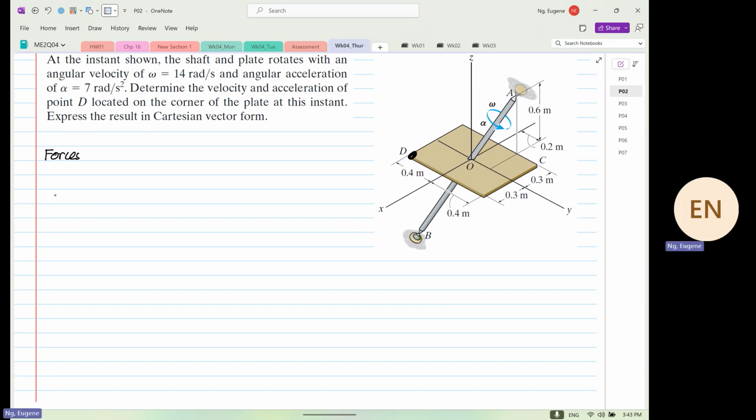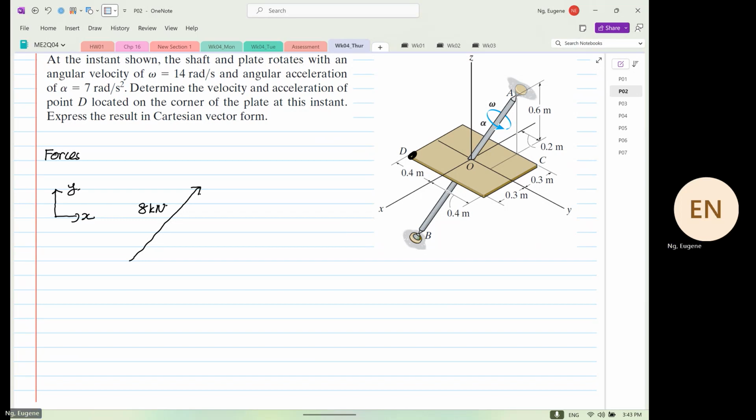So if this is my X and this is my Y, and I have a force applying in this direction, and this force is, for example, 8 kilonewton.